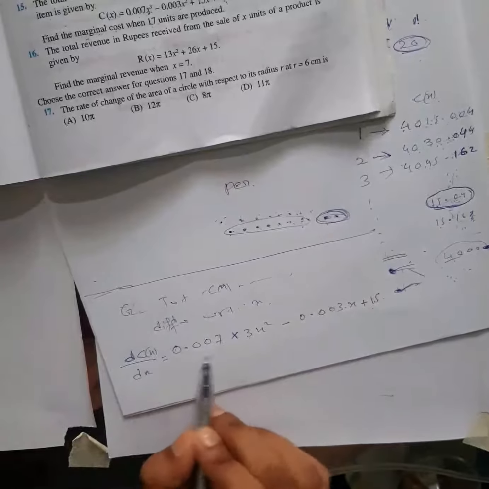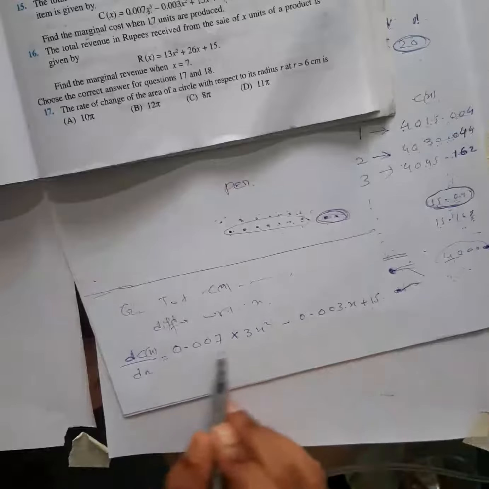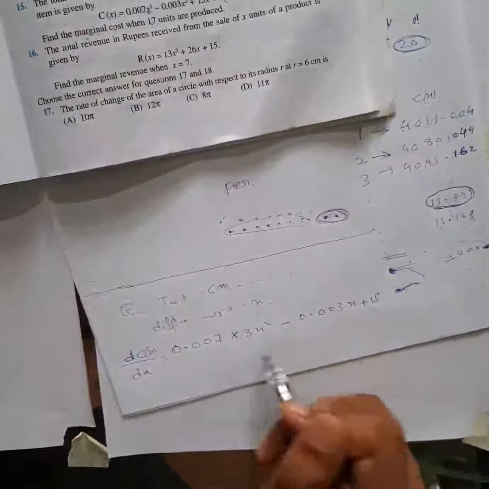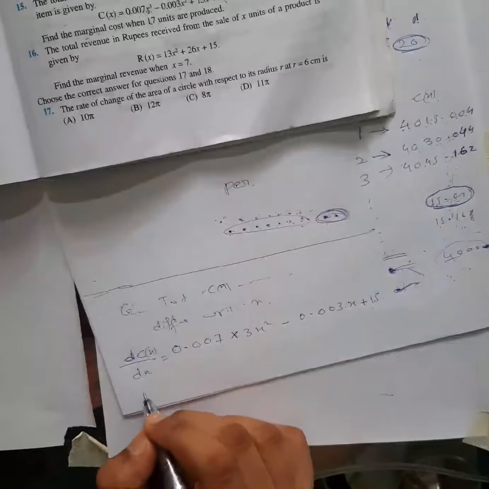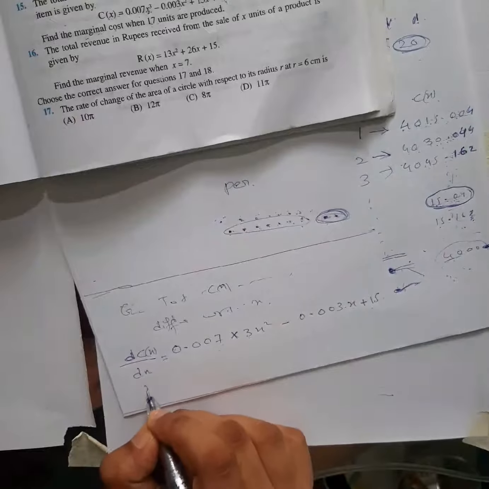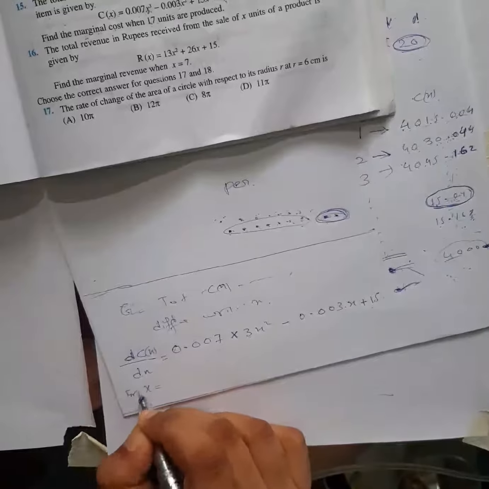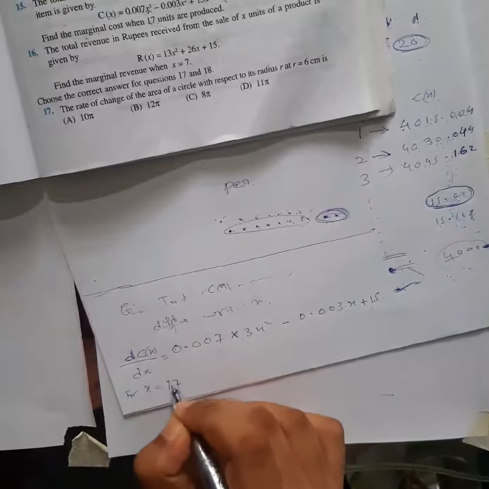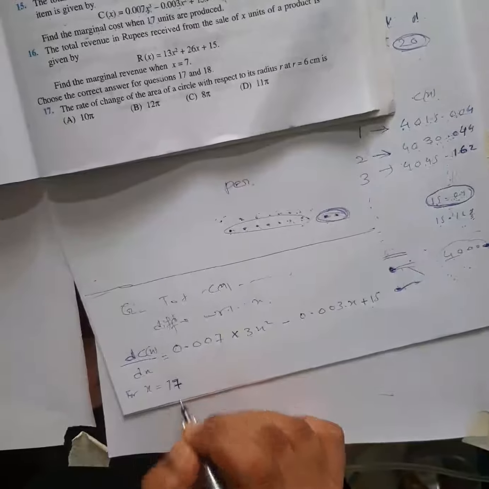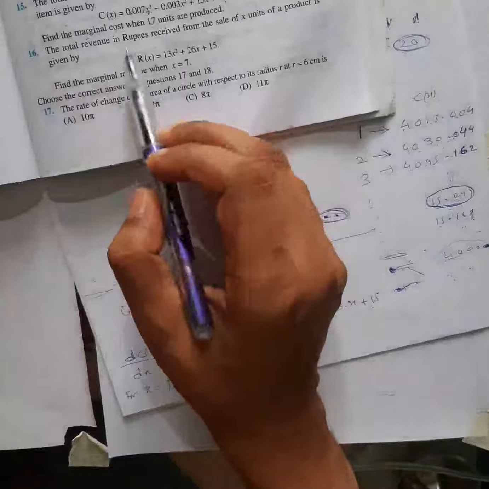So with this rate the prices keep on increasing. They have asked you for 17 units, for x equal to 17, what will be the total cost. They have asked you the marginal cost, right?